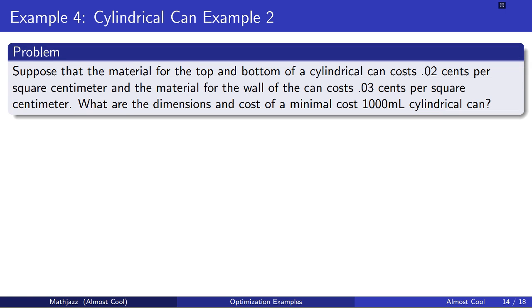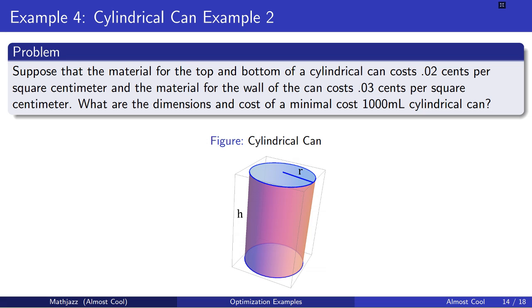So, in this example, we suppose that the material for the top and bottom of a cylindrical can cost 0.02 cents per square centimeter, and the material for the wall of the can costs 0.03 cents per square centimeter. We want the minimum cost of the can, and we want to find the dimensions of that can.